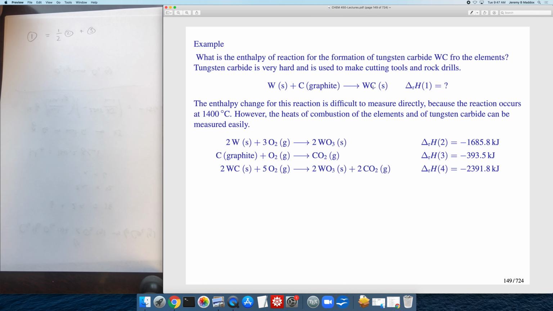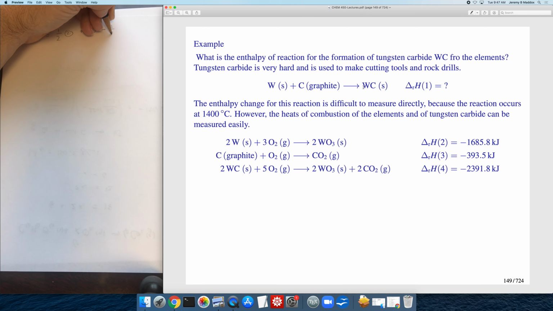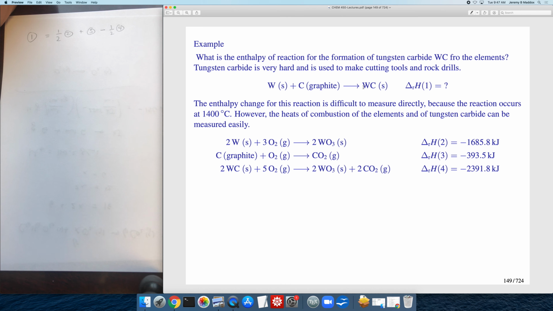We'll move over to the tungsten carbide. Here we've got 2 moles of tungsten carbide. It's on the wrong side, and it doesn't have the correct stoichiometric coefficient. So what I need to do is reverse the reaction. That'll bring the tungsten carbide to the correct side, and then I'll divide by 2 to give me the correct stoichiometric coefficient that I want.